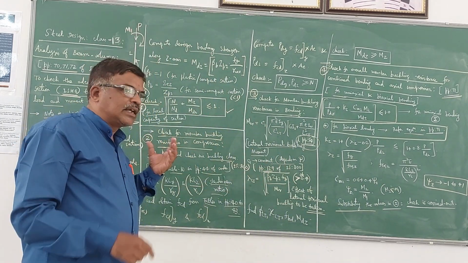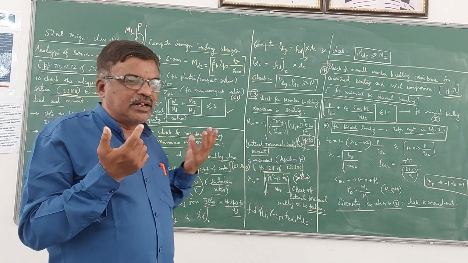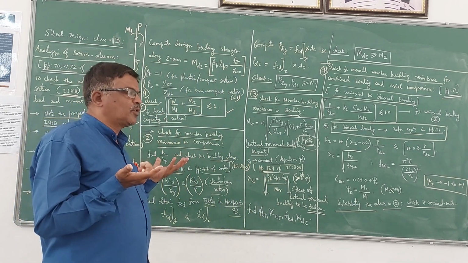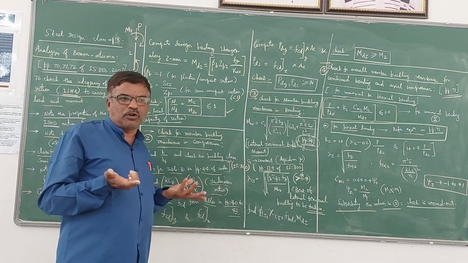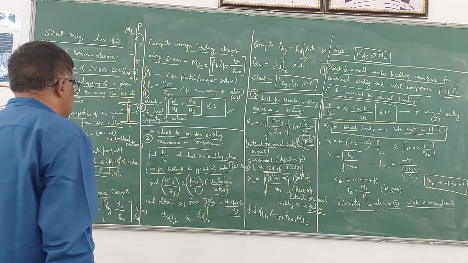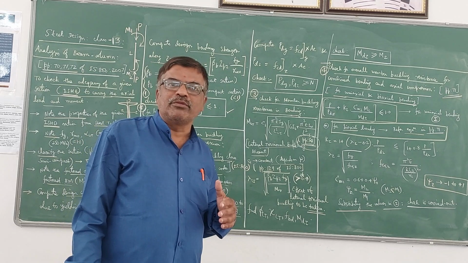In analysis, the section is already given, so we have to check the adequacy of the section. Whereas in a design problem, moments, axial loads, all those will be given. You have to assume a section of your own based on some criteria. Then we have to check whether that section satisfies all these 4 checks. So that is how the design of a beam column is done.